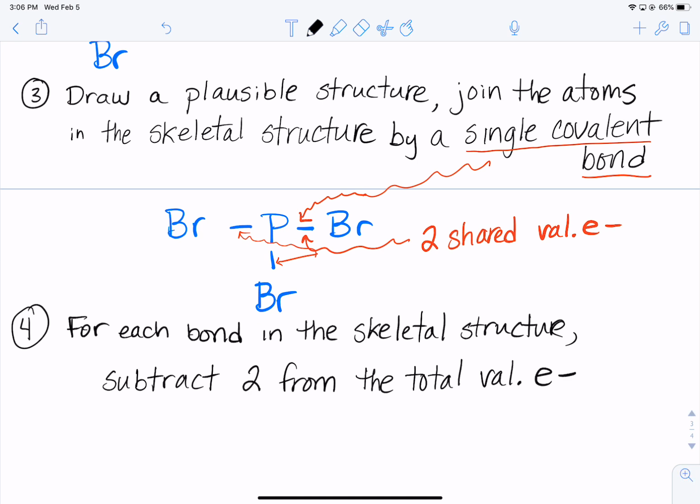So our grand total was 26. We subtracted 2, 4, 6 of them because we've taken into account those 3 bonds. So we have 20 electrons remaining.